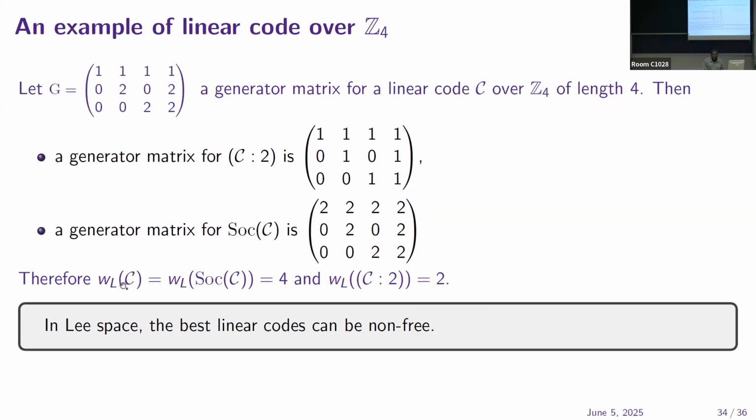But the Lee weight of C equals the Lee weight of the circle, equal 2. In Lee distance, the best linear code can be non-free. When you use a non-free linear code, it is important to use the Lee weight or homogeneous weight.